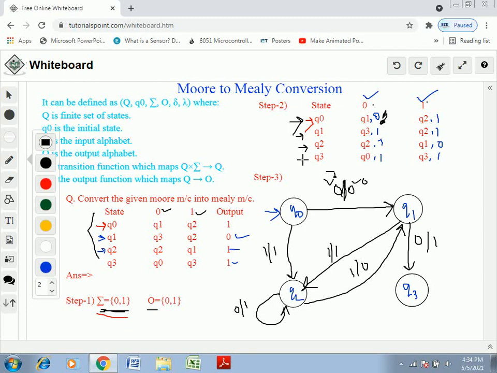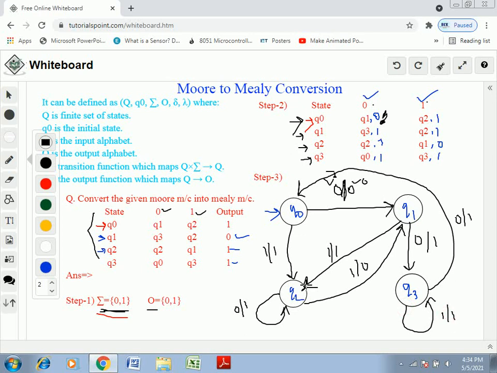Next we jump to the state Q3. From Q3 it goes to Q0, for the input 0 and it generates the output 1. Next Q3 goes to itself for the input 1 and the output 1.